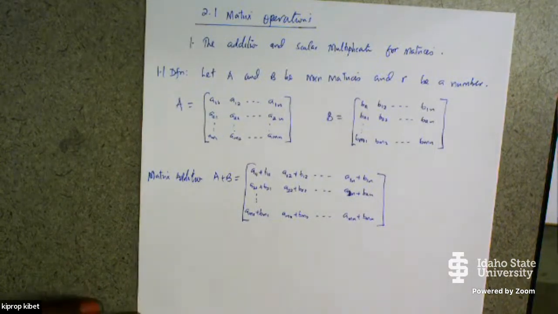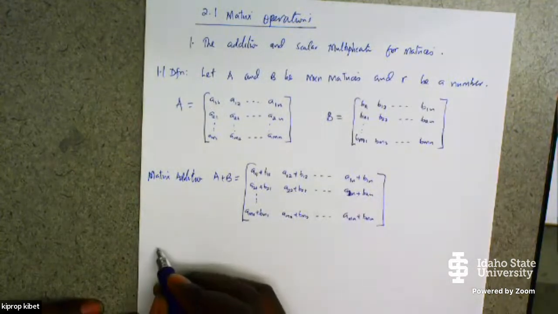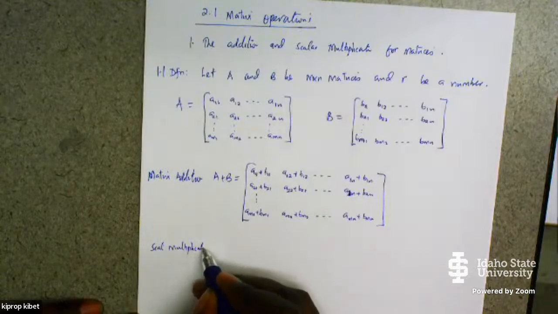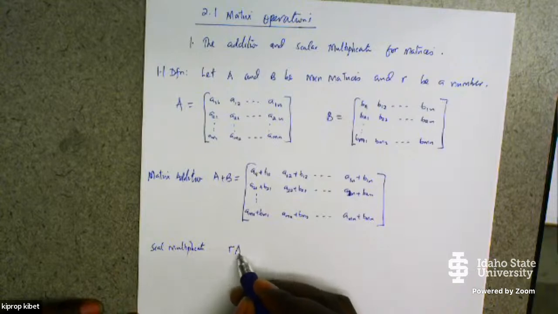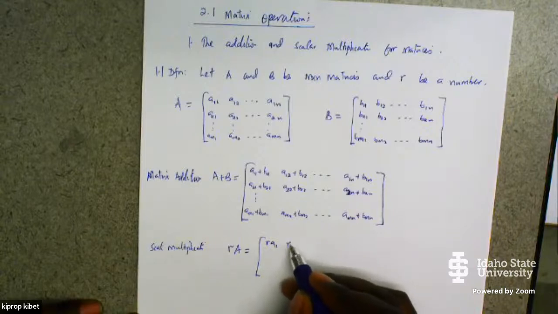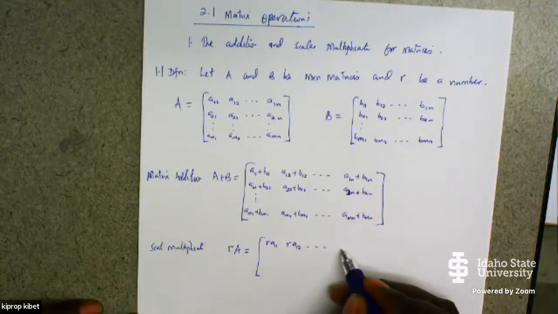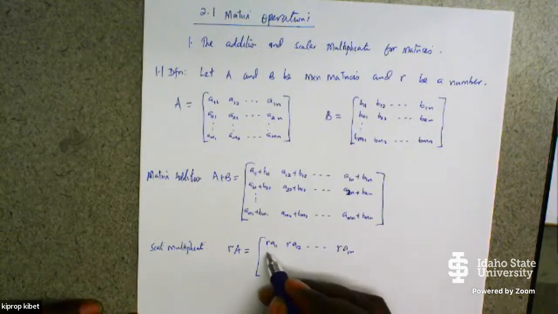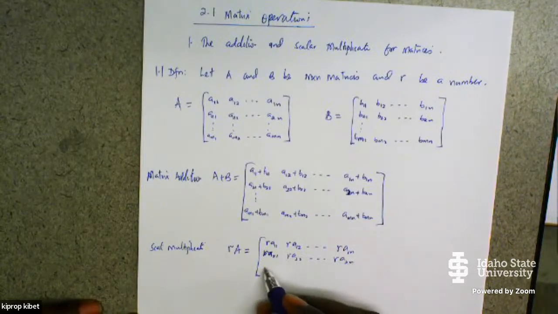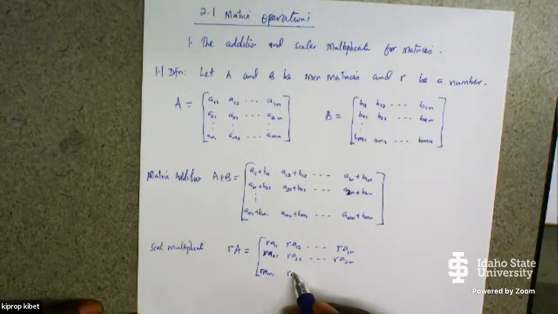Now, if we multiply by R, scalar multiplication, we can take R and A, then it is R A11, R A12, R A1n, R A21, R A22, R A2n, R AM1, R AM2, R AMn.